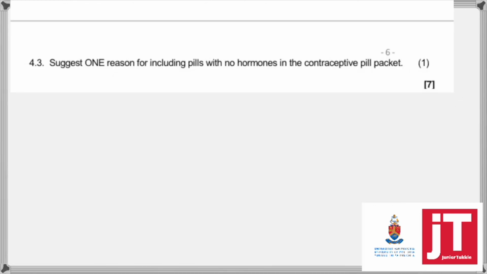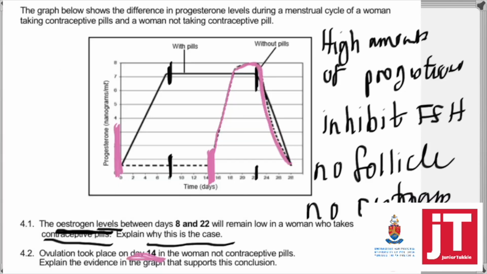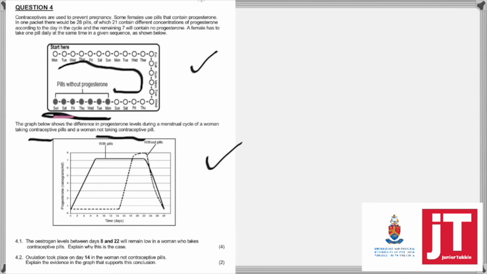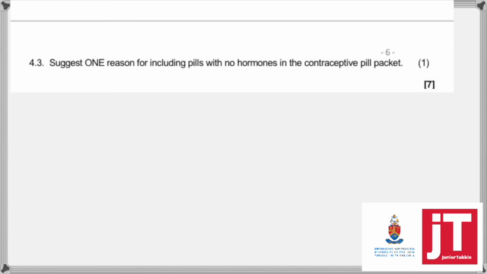4.3. Suggest one reason for including the pills with no hormones in the contraceptive pill packet. So if we go back here, these 7 tablets, why do they not have any progesterone? One reason they want for 1 mark: if there's no progesterone, there will be no progesterone to maintain the endometrium lining.